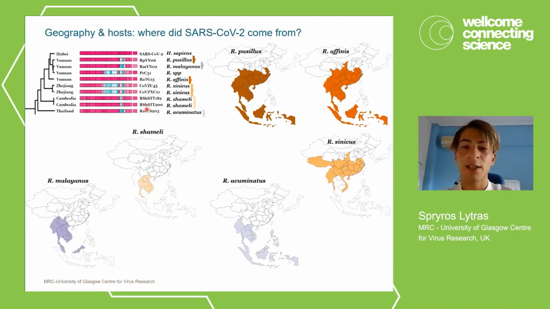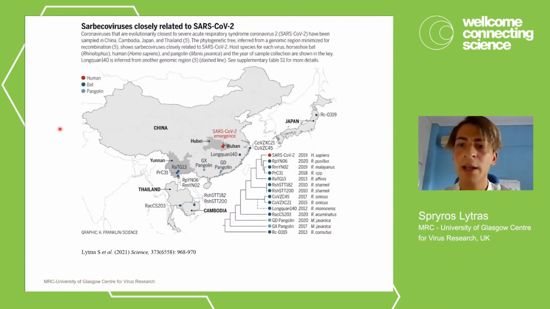And this is suggestive of these viruses being able to jump between these bats quite easily and then move across the geographic ranges of the bats. So I'm going to just quickly finish off by showing you this illustration from our recent perspective that clearly shows where these viruses have been sampled and how extensive this geographic range is.